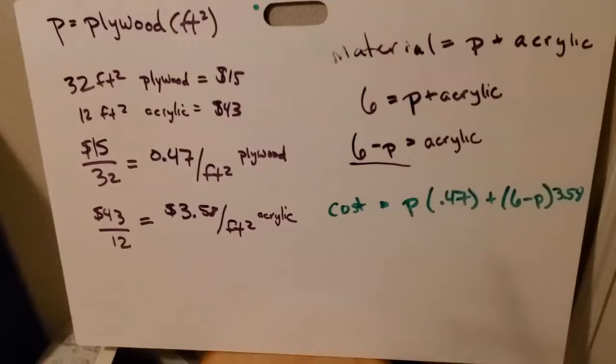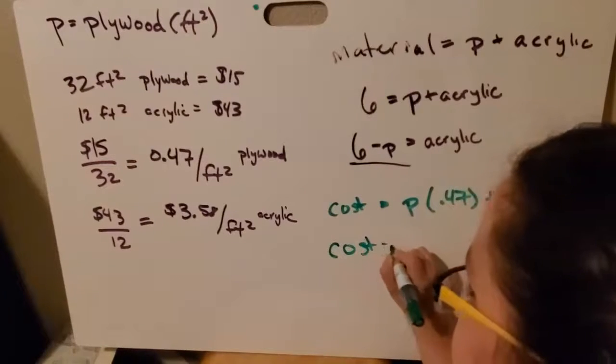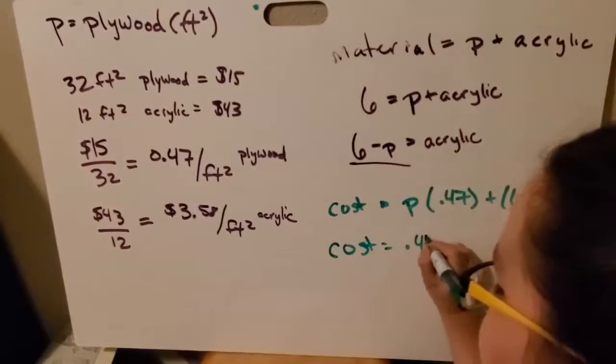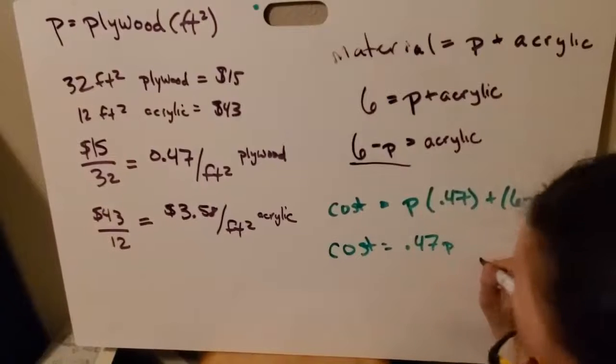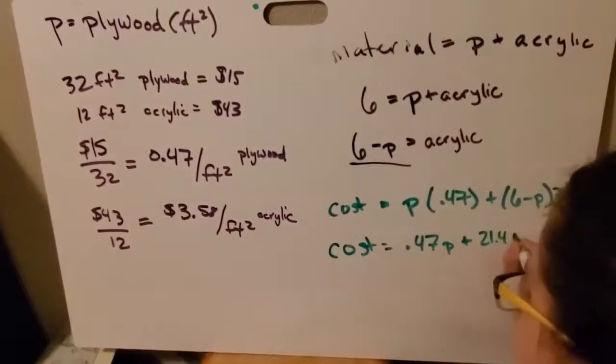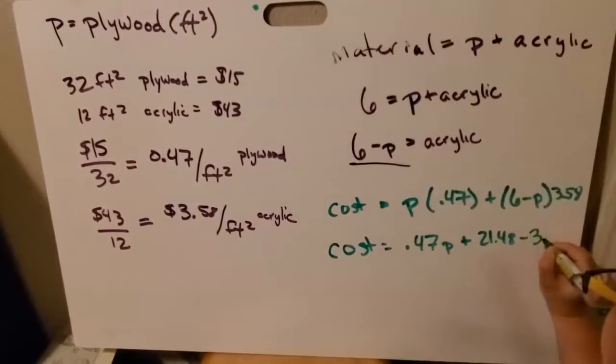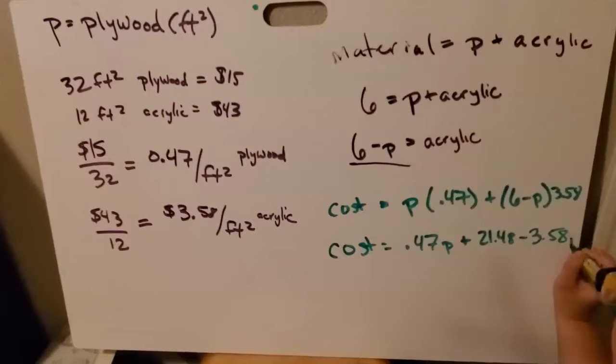So the next step to solve this is going to be to distribute our numbers. So we're going to end up with cost equals 0.47p plus 21.48 minus 3.58p.